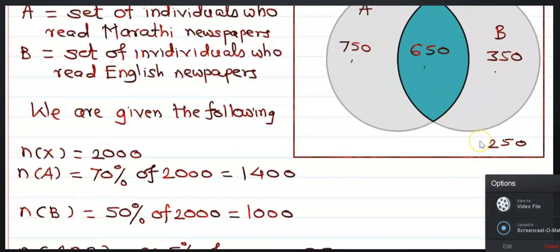These are the individuals who do not read the newspaper.